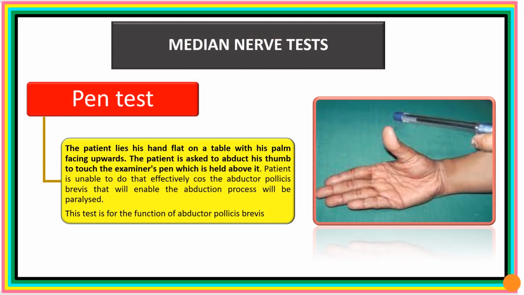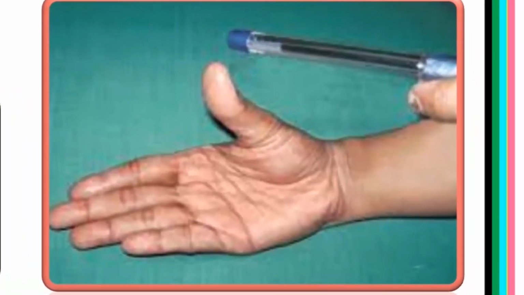In the pen test, this test will assess the abduction function of the abductor pollicis brevis. Abductor pollicis brevis is one of the thenar muscles and is also supplied by the median nerve. In this test, the patient will be asked to put the hand on a flat table with the palm facing upwards. This patient will be asked to abduct the thumb so as to touch the examiner's pen.